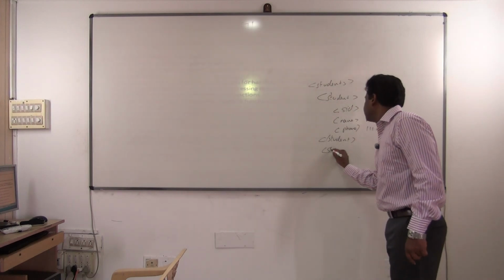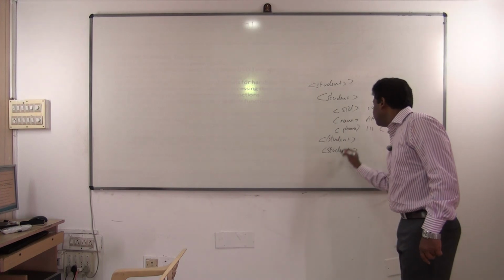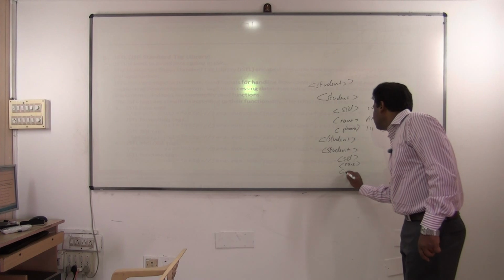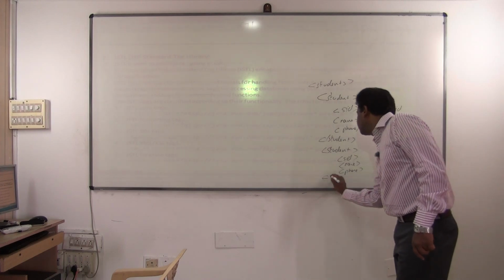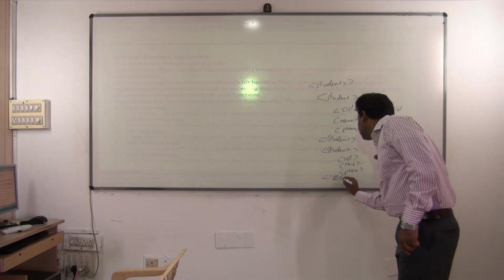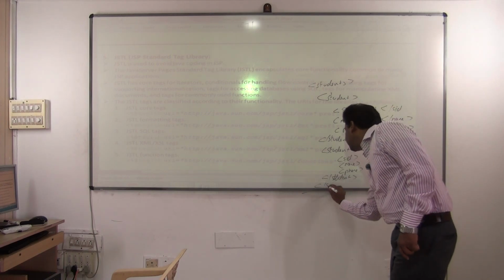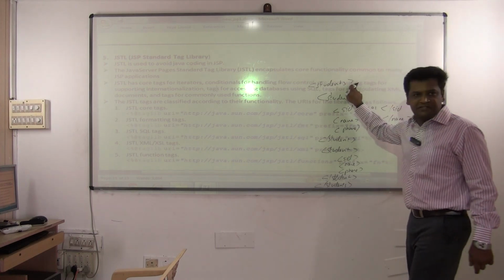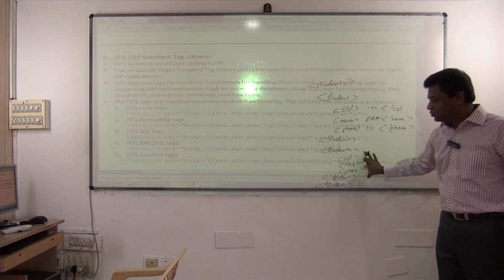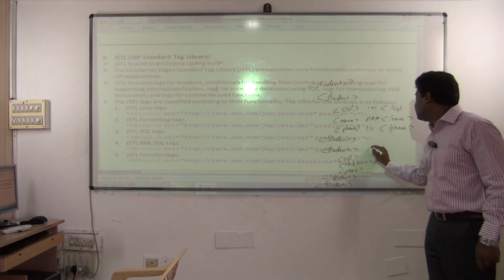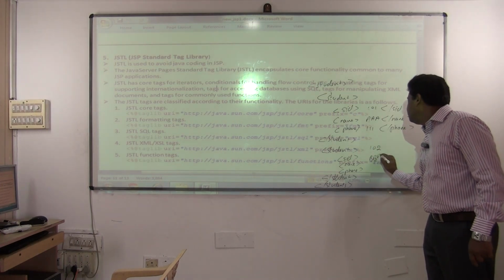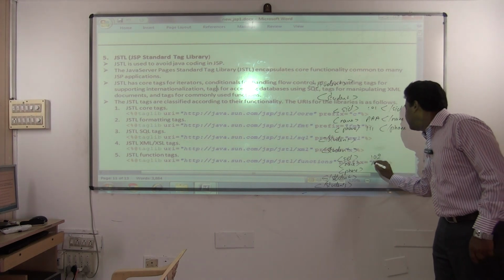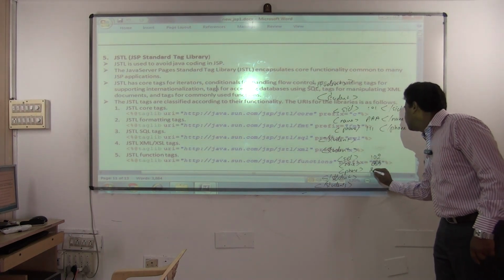Again one more student, again SID, name, phone. This data will be stored in an XML file. Again close the students. So the main tag is which one? Students. Inside that you have one student, another student. This student, suppose SID 102, name BBB, phone 222.